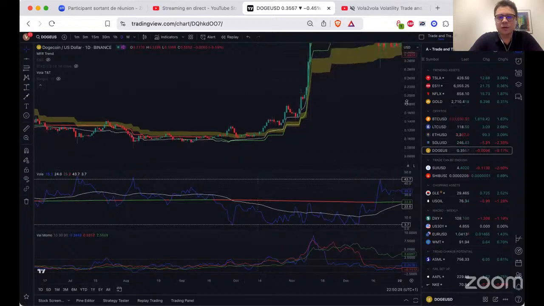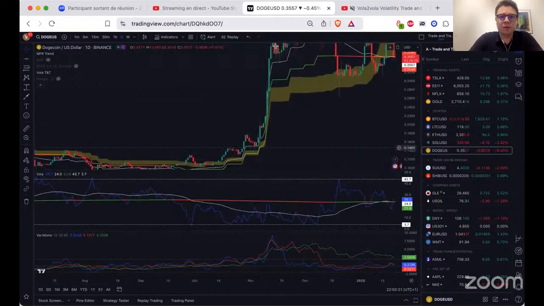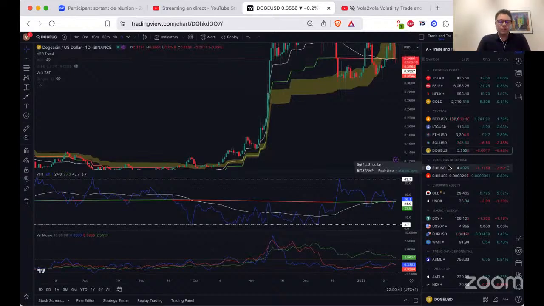So I would guess that the mean was somewhere in this vicinity. So that's also a crazy move. You just tripled your money just by following that. So these are a few examples of where you can make easy money just by respecting the setup I have mentioned for trade and trend.